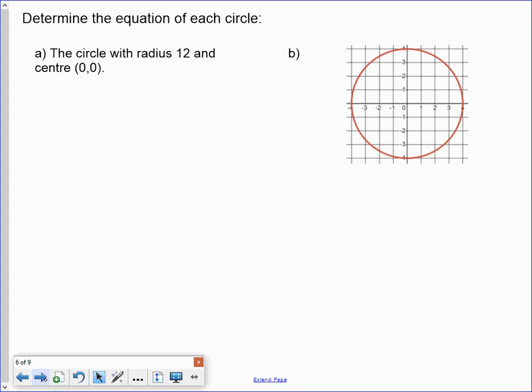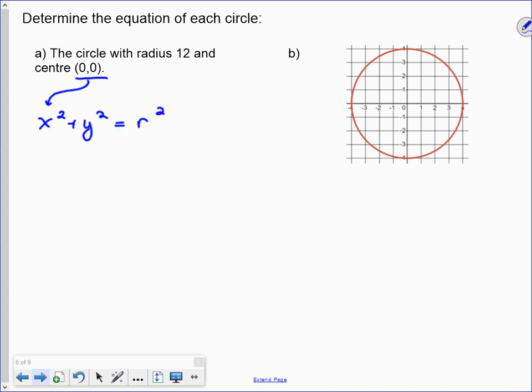All right, what do you need to be able to do? Well, first off, you need to be able to find the equation of a circle given some information about it. So let's take a look at a couple of questions here. The circle with radius 12 and center (0, 0). Well, if we know that the center is (0, 0), we know that our equation is going to have the form x squared plus y squared equals r squared.